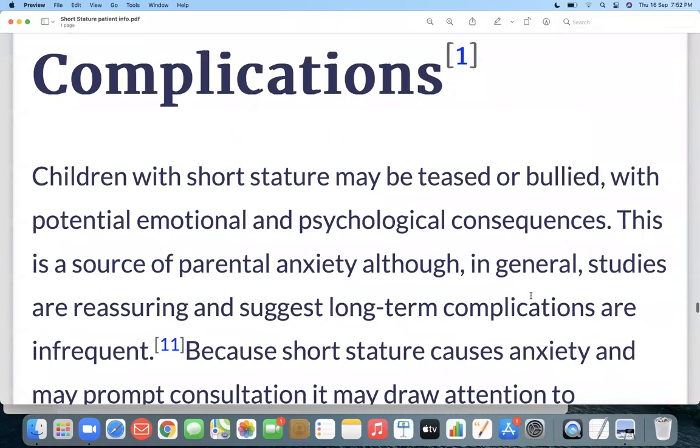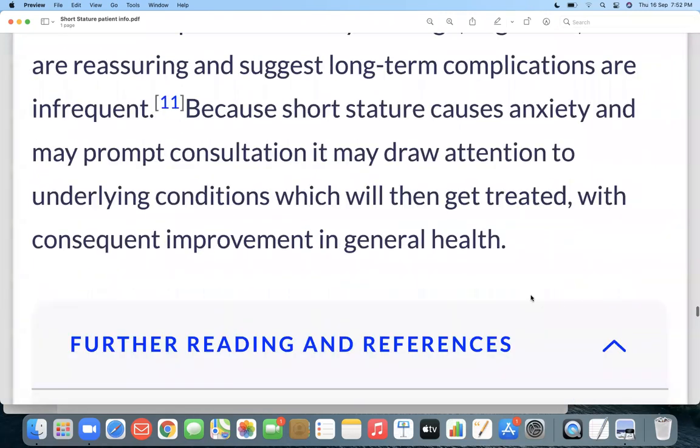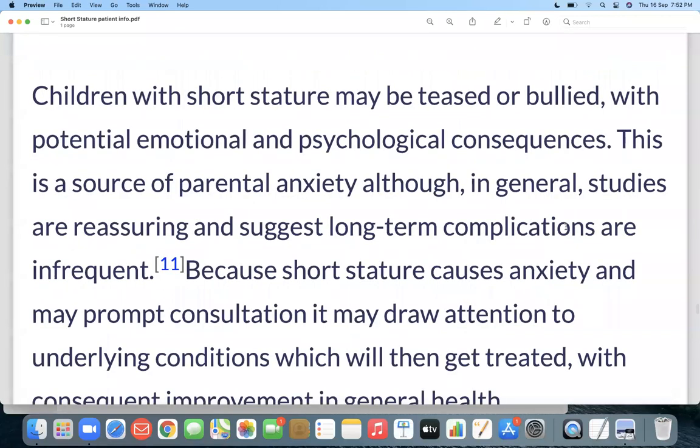Next, before going to complications, can anyone tell me the side effects of growth hormone? Okay, they have lipoatrophy, hypertrophy. They have many related to the bone, like arthritis, SUFE, and also they have scoliosis. Other than that, they have endocrine related hypothyroidism and diabetes.